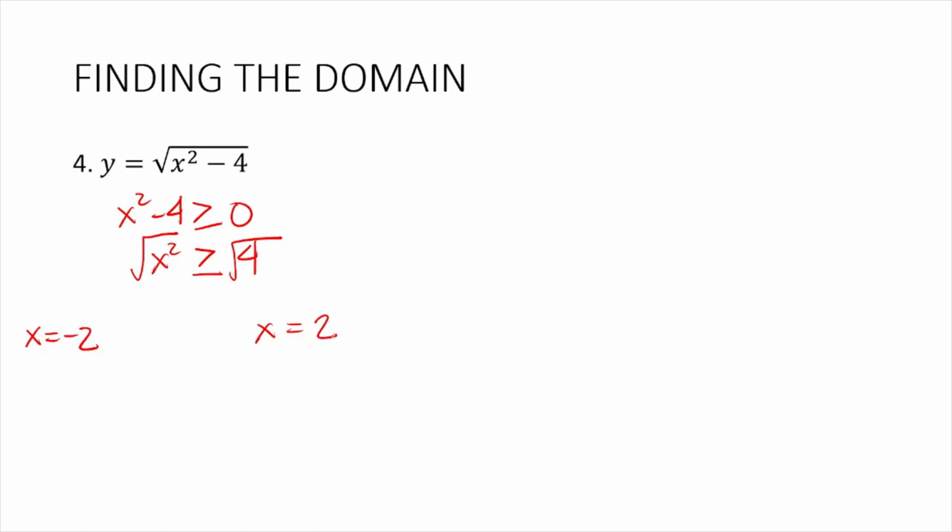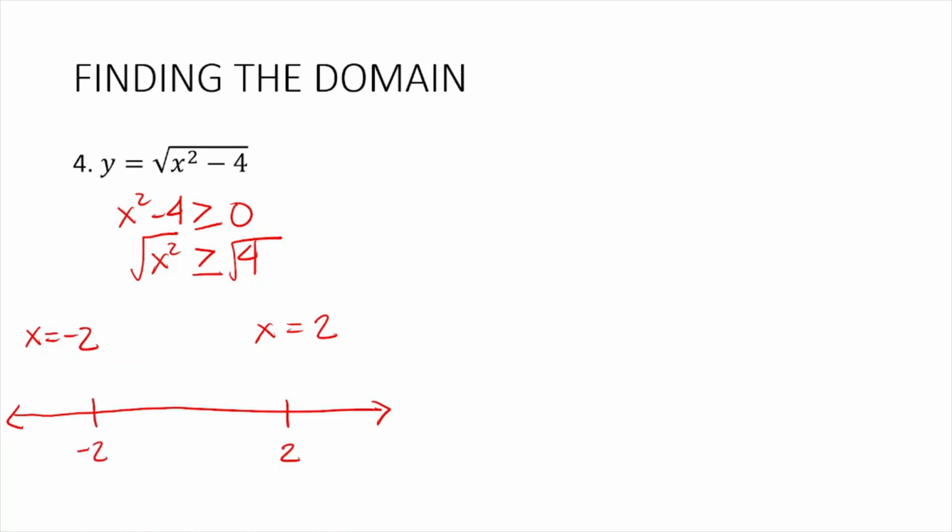For this particular function, we actually have to check by using a number line. So let's draw a number line. Let's say this is going to positive infinity, this is going to negative infinity. We have two points of interest, x equals 2 and x equals negative 2.